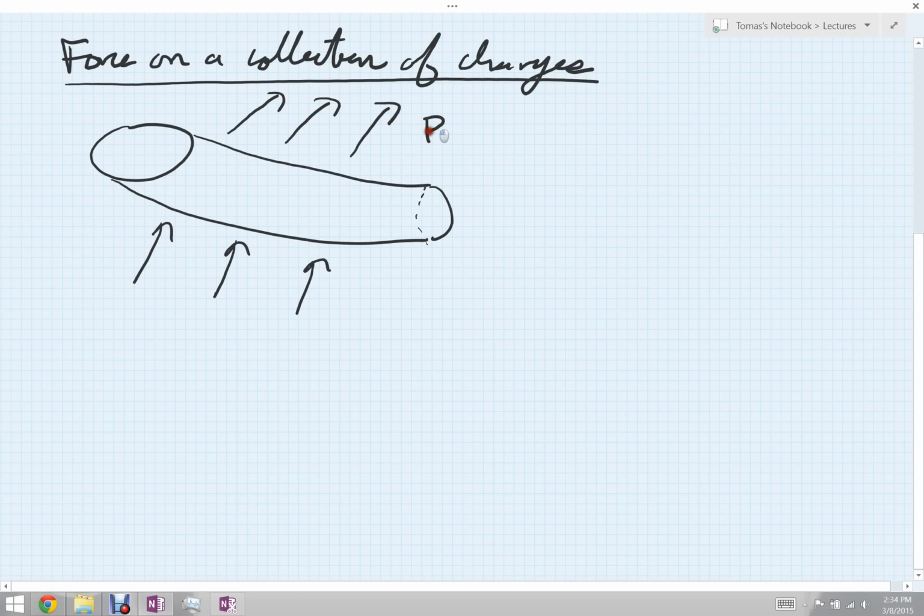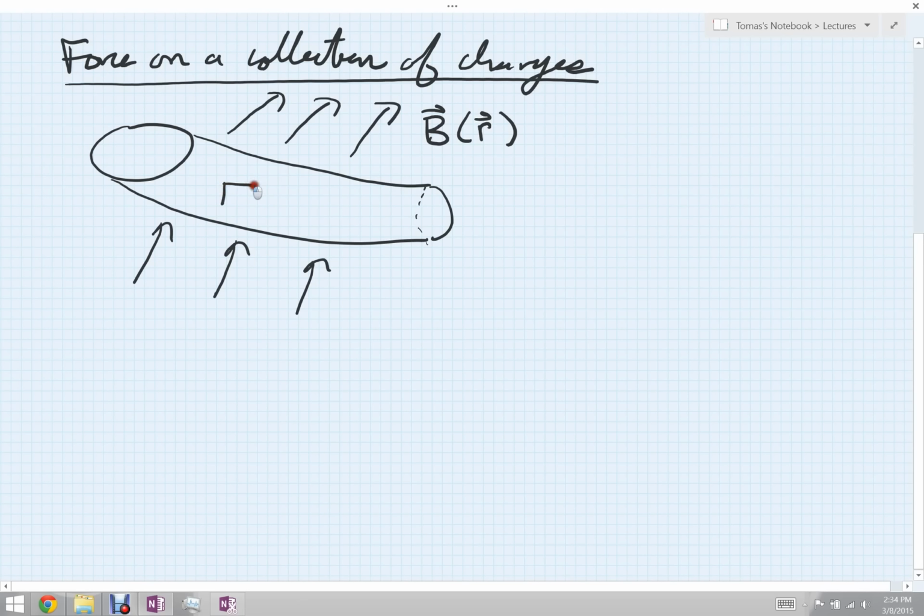So there's some magnetic field B of R. And then inside this material, there are all kinds of little charges that are moving around, and I want to figure out the total force from all of those movements. Eventually I'm going to turn this into a big integral. But for now, I'm just going to focus on all the forces coming from the charges in a little chunk of the material.